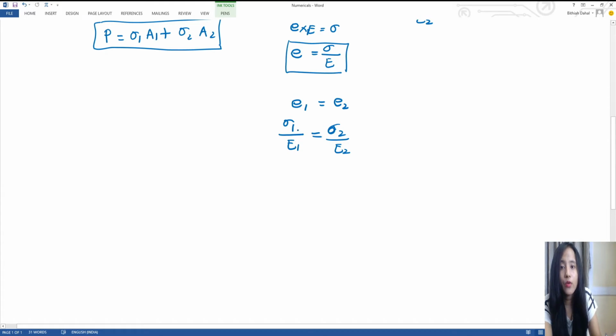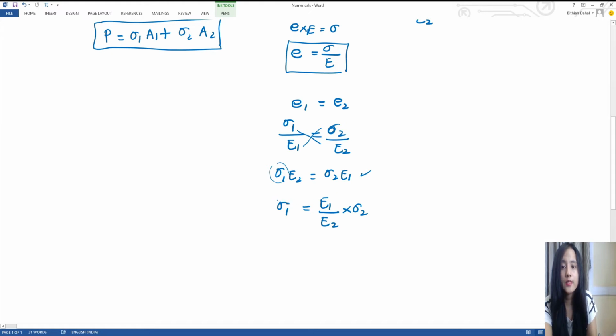If we cross multiply, we get sigma 1 E2 equals sigma 2 E1. So sigma 1 will be equal to E1 divided by E2 into sigma 2. We get this relation from here if I want to find sigma 1.